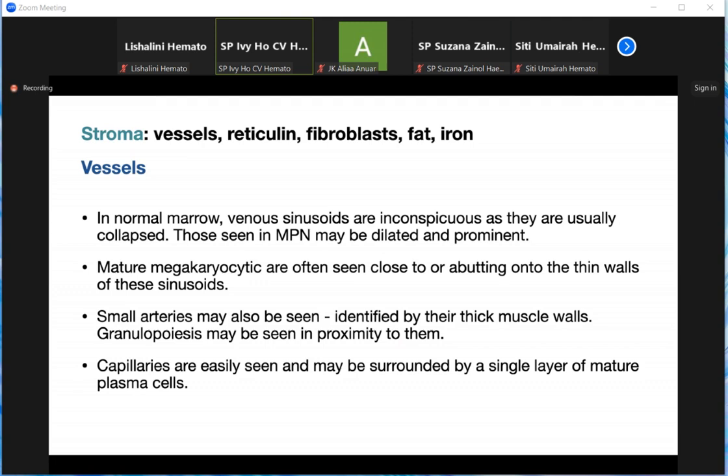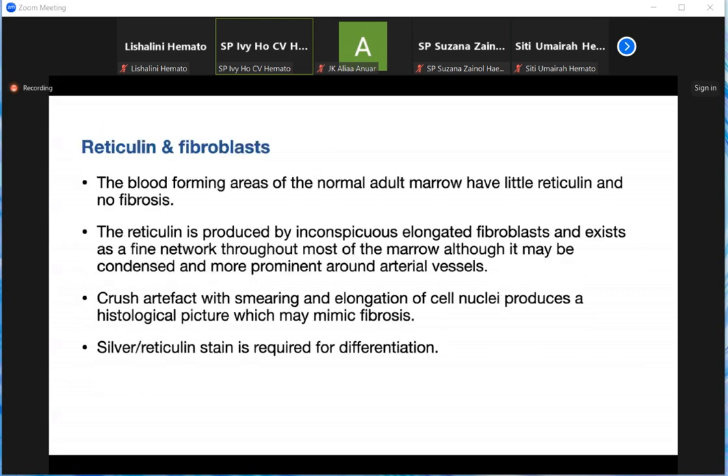And those small arteries with the thicker muscle wall, normally the granulopoietic element will be seen very close to them, and plasma cells like to be close to the small capillaries. So these are the landmarks that help us to identify. That's why I said earlier on, it's a very highly specialized and structured tissue in our body, the bone marrow.